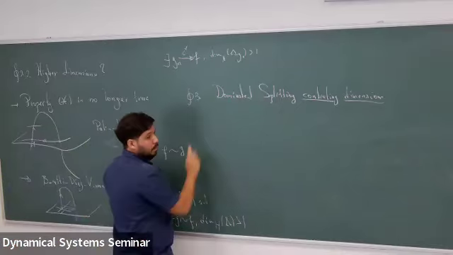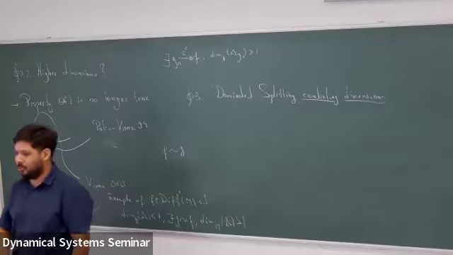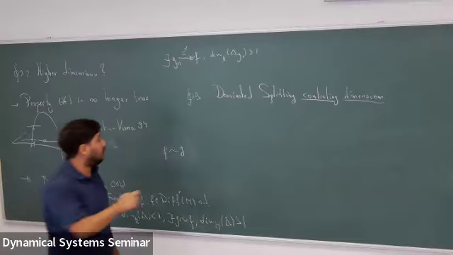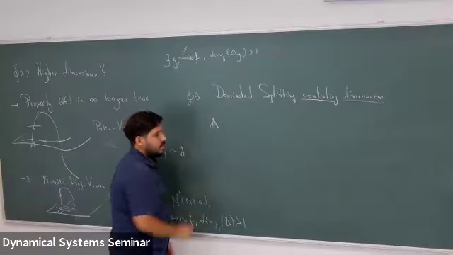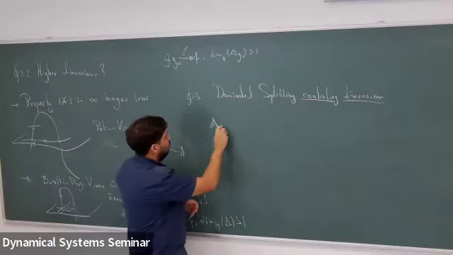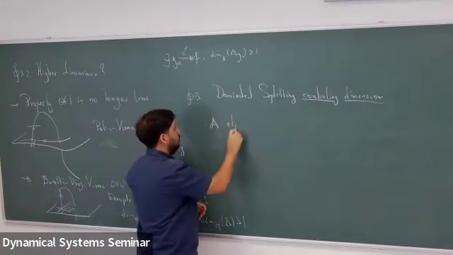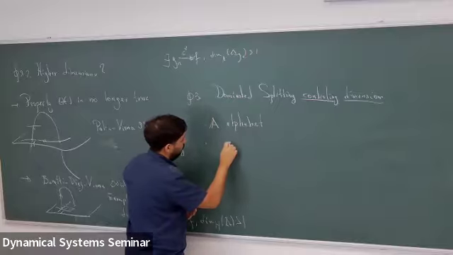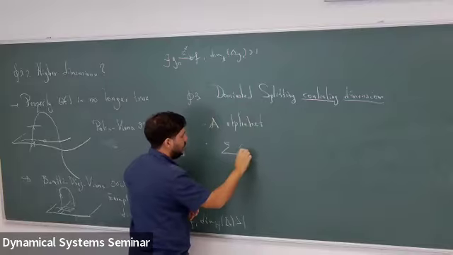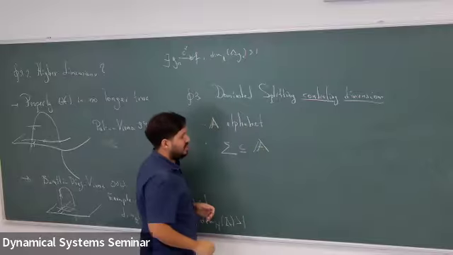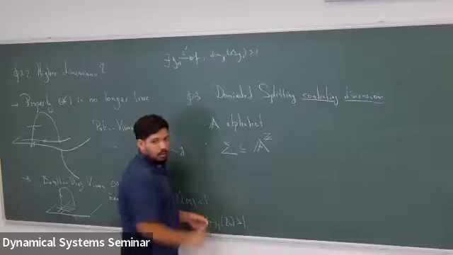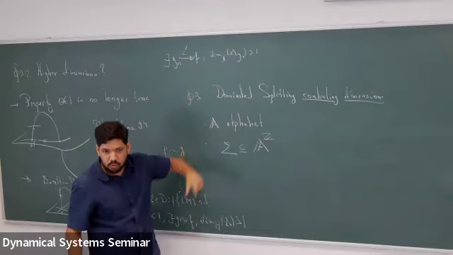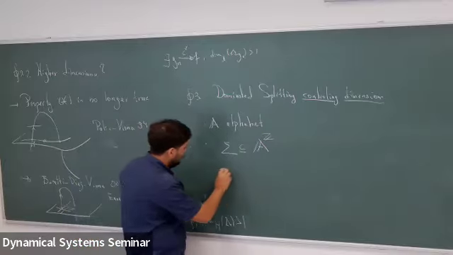Okay, so you're going away from horseshoes? No, it's still in the horseshoe context. F is a dynamics that has a horseshoe, and in particular, when you have a horseshoe, there is a finite alphabet and a subset, which is shift invariant, of the space of sequences in this alphabet, such that the dynamics in your horseshoe is conjugated to this. So you have the shift.